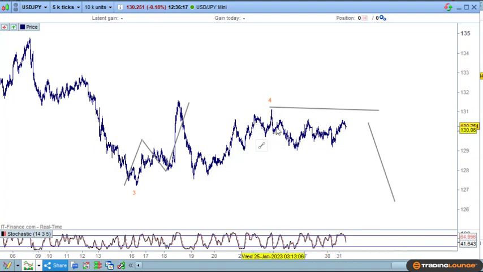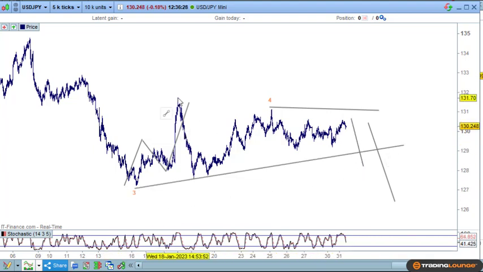This could be 1, 2, 3, 4, 5 for 1 here, an A and a B and a C for 2, and then roll down at that point. Whichever way you want to look at this, it just reminds me of being a corrective pattern. We should come down. So that means the US dollar should come down and all the other currencies go up.